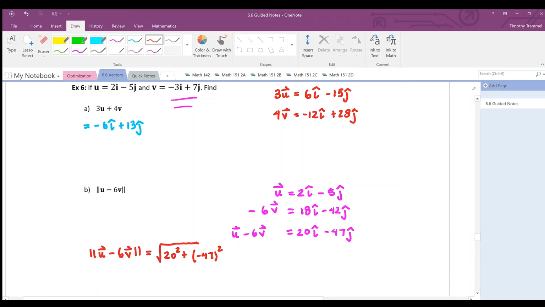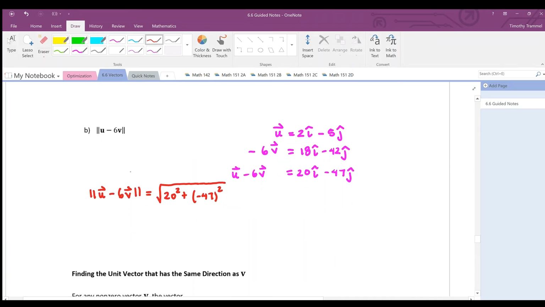I really didn't need to write that negative in there because when I square it, it'll become positive. But I wrote it so we know this is the square root of a squared plus b squared. And the next step is if I square those things and add them together, we end up with our magnitude as the square root of 2,609.